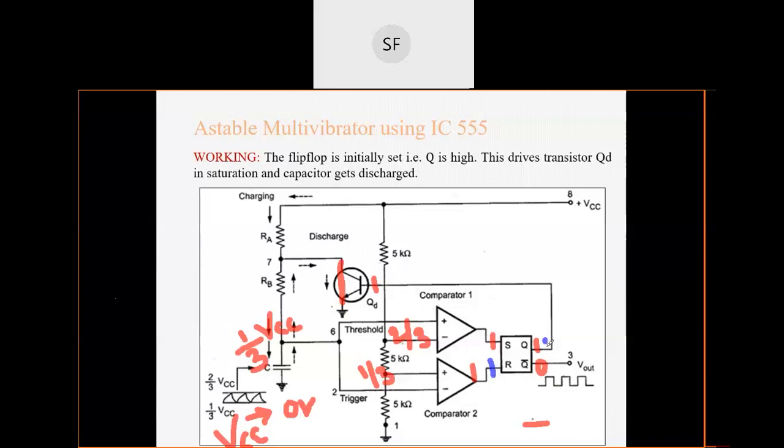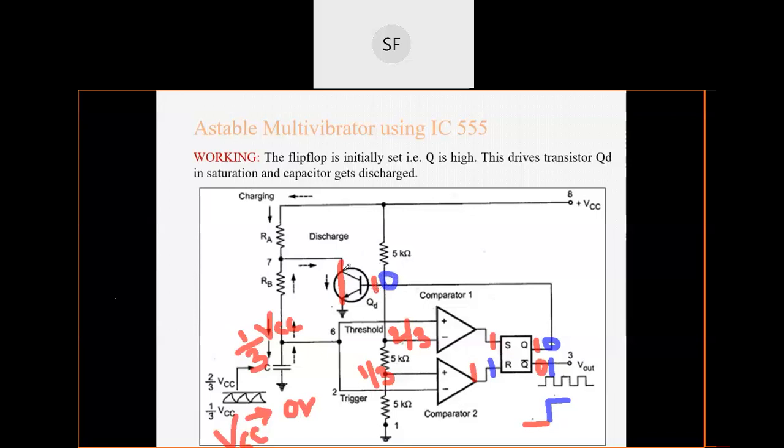Your Q will be 0 and Q bar will be 1. That means now Q bar is nothing but your output. So you are changing your state from 0, that is low state, to high. Right. So now again this 0 is given to the base of your discharge transistor. So again this will be 0.